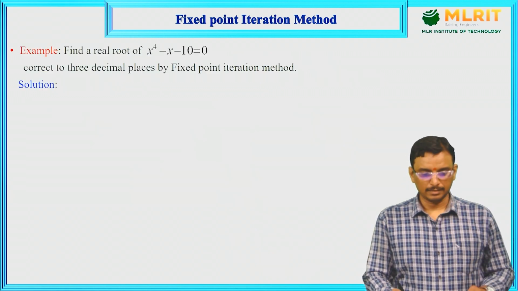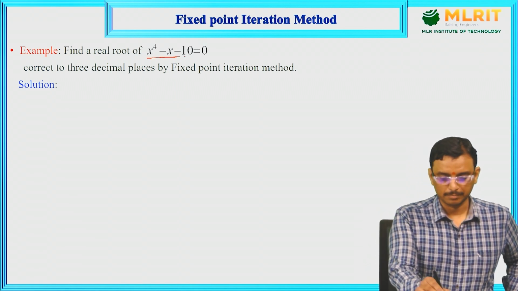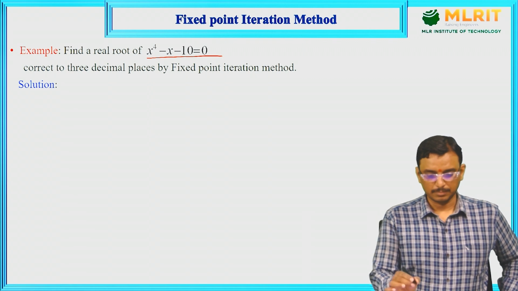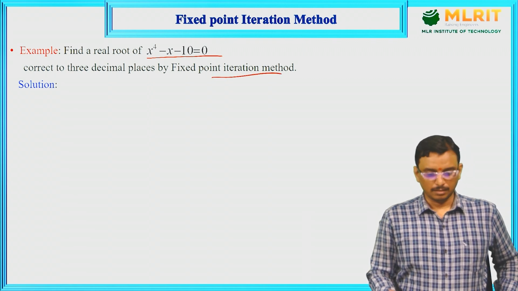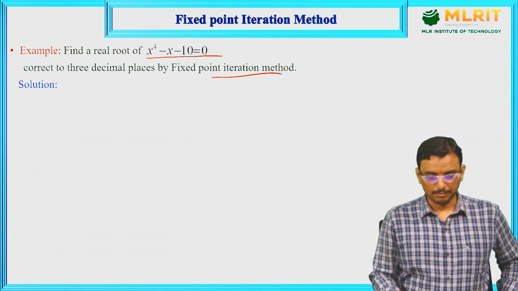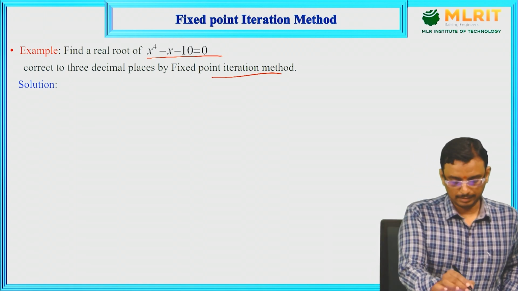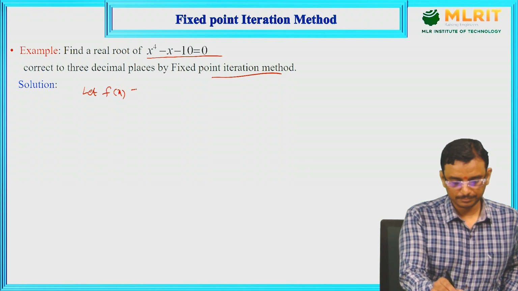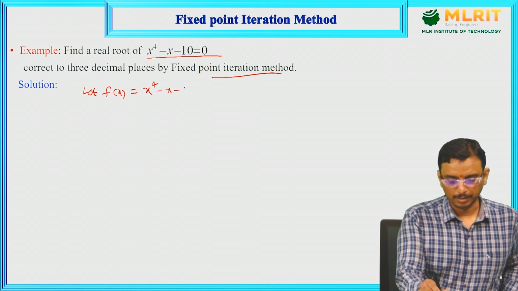Find a real root of x power 4 minus x minus 10 is equal to 0, correct to 3 decimal places using the fixed point iteration method. Now we know how to find a root of an equation. Based on the intermediate value property, let f of x is equal to x power 4 minus x minus 10.